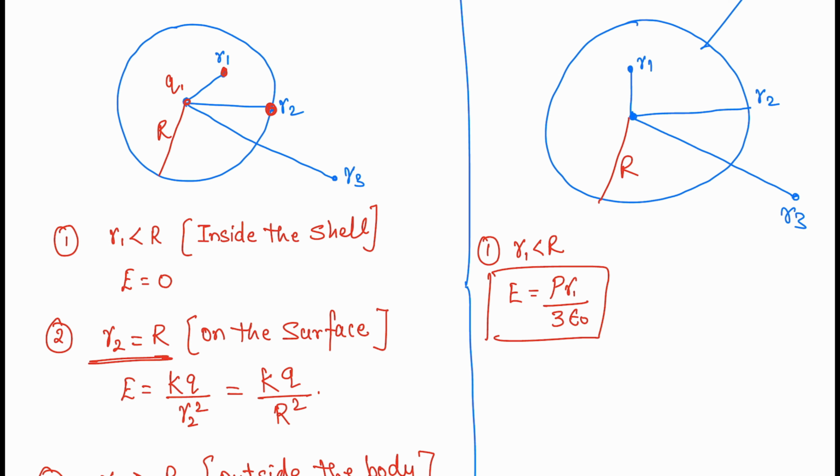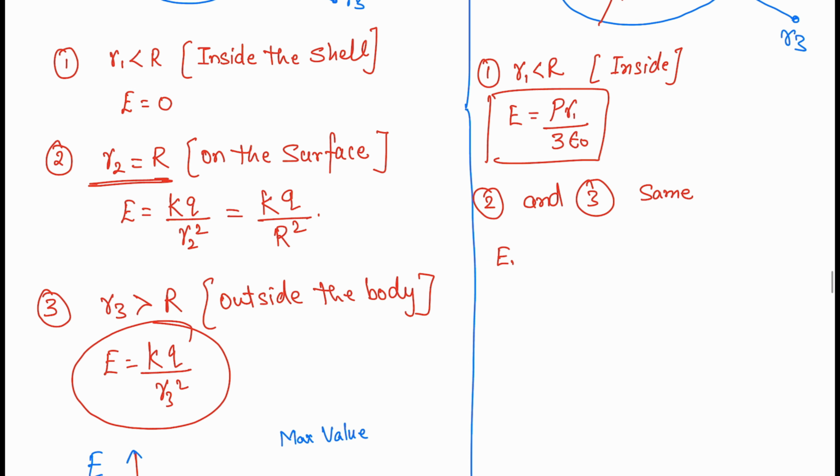These equations are given in your exam also, but you need to think about which case you are solving. This is called inside. Cases 2 and 3 are both the same as the previous one. So for E2 you can say kq over capital R square, and E3 is kq over R3 square.